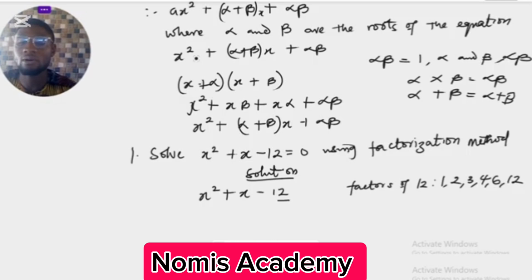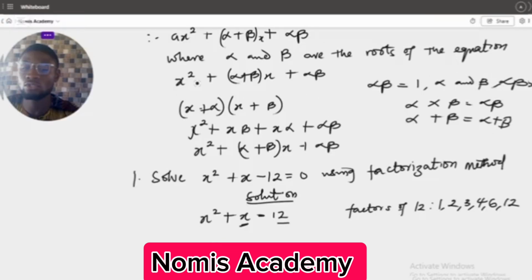So among these factors now, which two numbers will I multiply together to give me minus 12, and if I add them together it will give me 1? Remember, the coefficient of x here is 1 because we only have one x here. So we need to consider this minus because it will definitely alter what we are going to factorize.